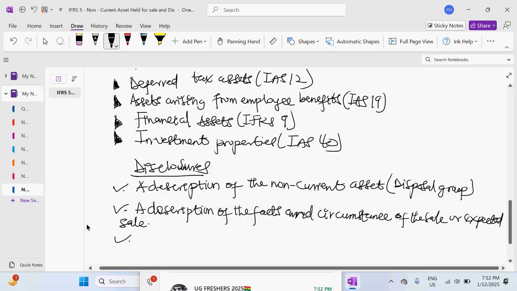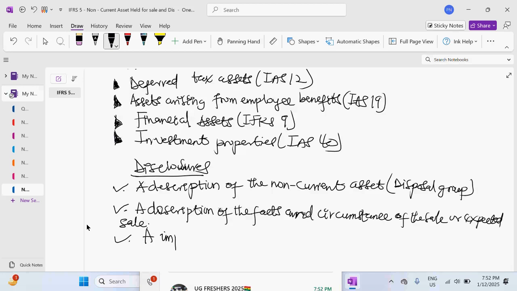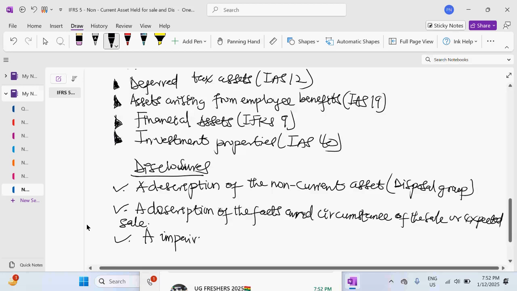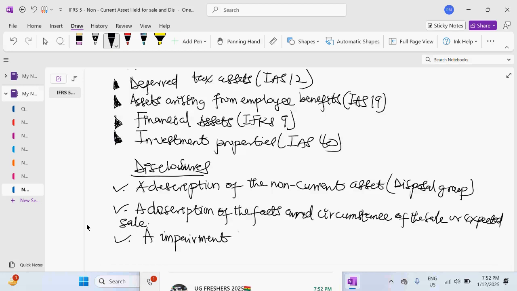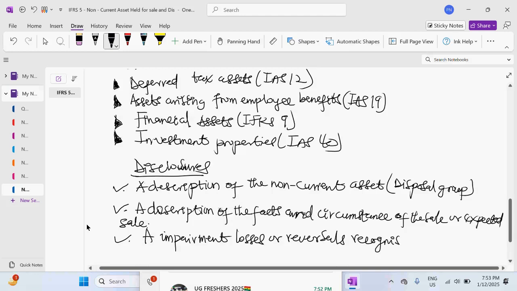Then lastly, any impairment losses should be recognized. When do we get impairment? What is an impairment? Is it the carrying amount minus the recoverable amount?